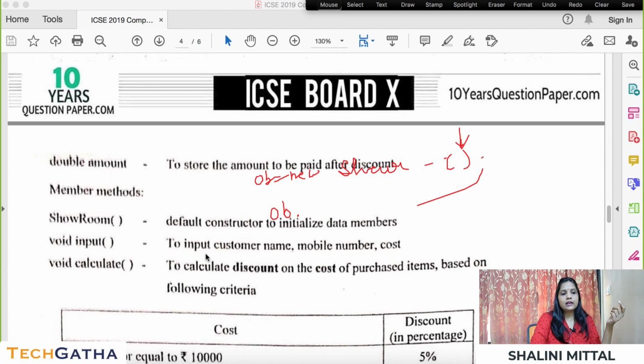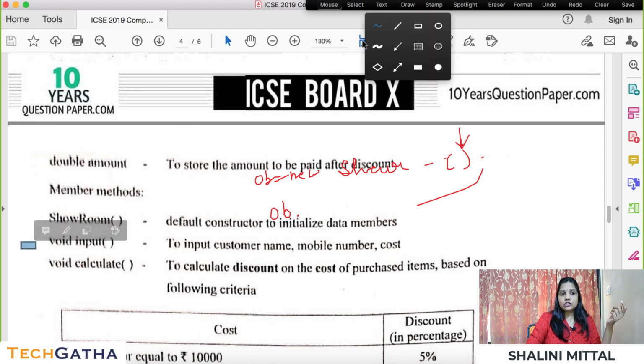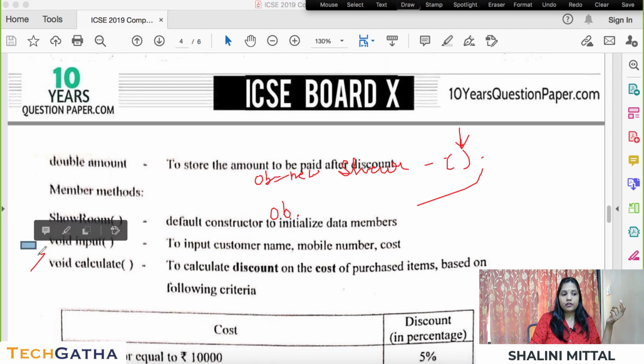So here it basically says to take an input. In this input function, you will end up writing the Scanner object. If a function is declared over here without any parameters, do not add your own parameters. That means they're expecting you to take the input from the function only.